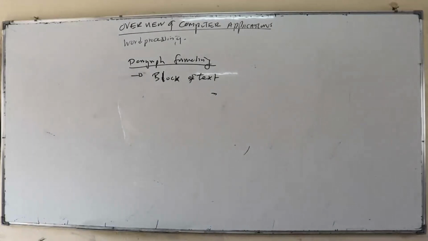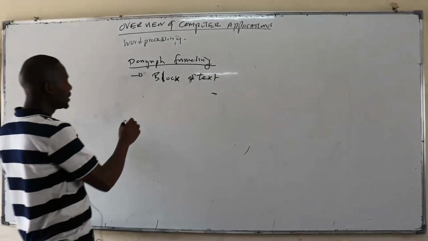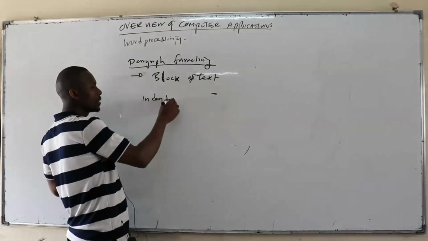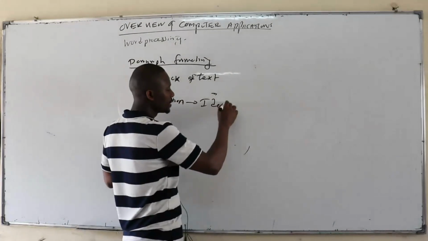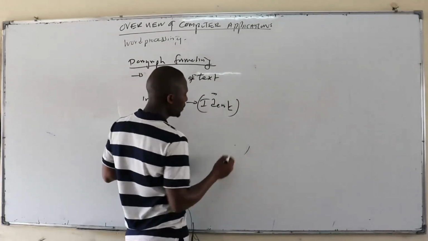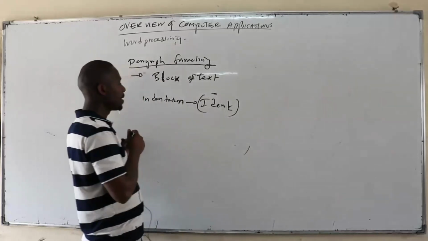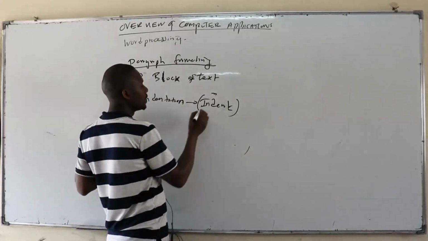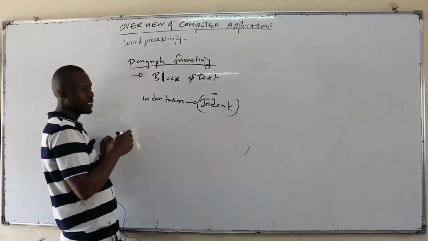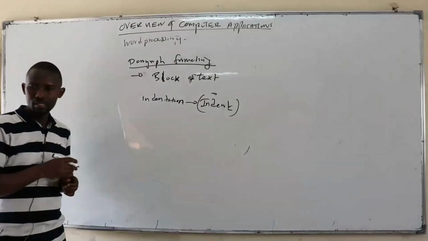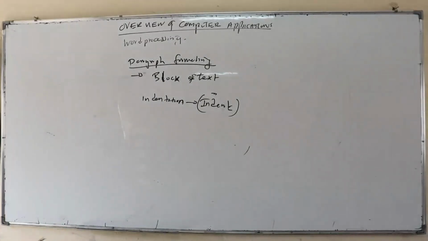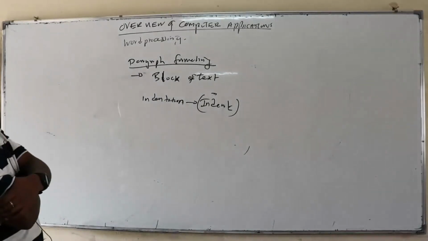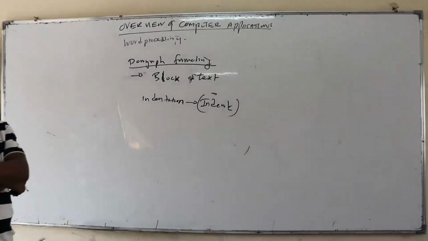After line spacing, we have indentation. When we talk of indentation, from the word indent, indentation simply means the movement of text to the right or to the left, from the right or left margin at a given interval.